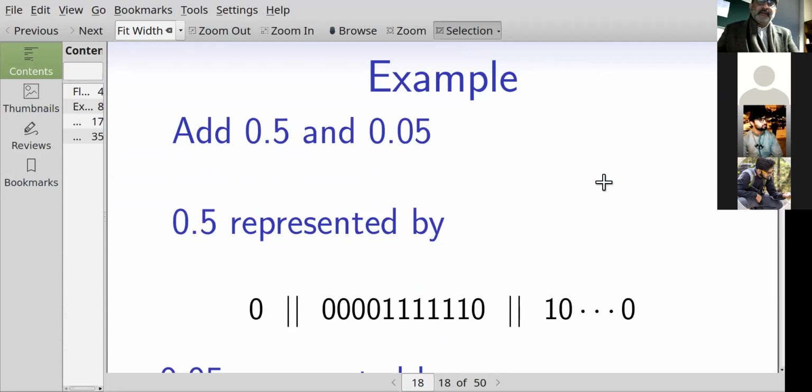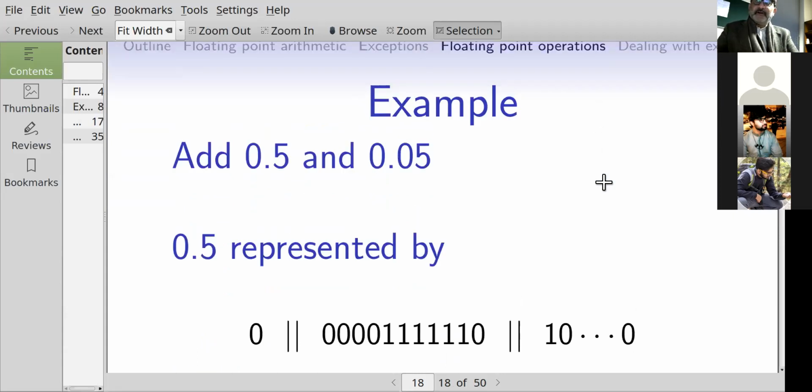Okay, now 0.5, using those 64 bits that we have, will be represented in this way that I'm showing you here. And the nice thing is now you can just go online and ask for how these things can be represented. You don't have to do it by hand.